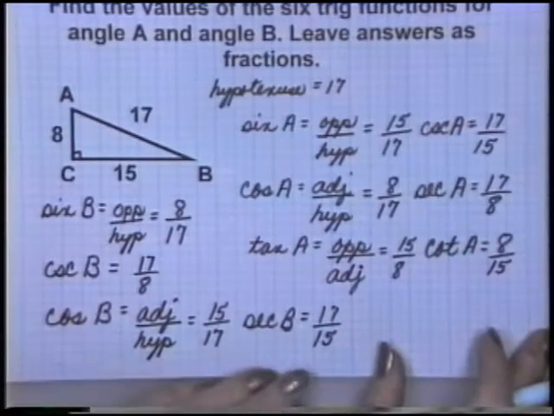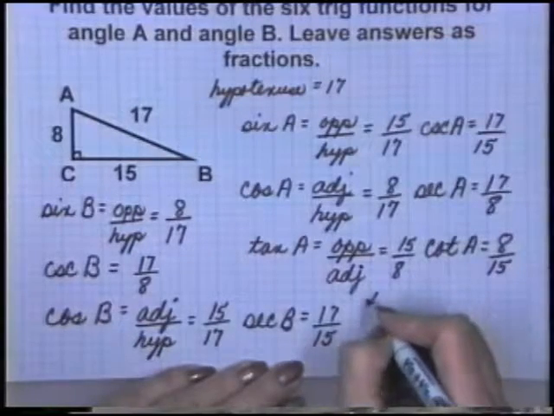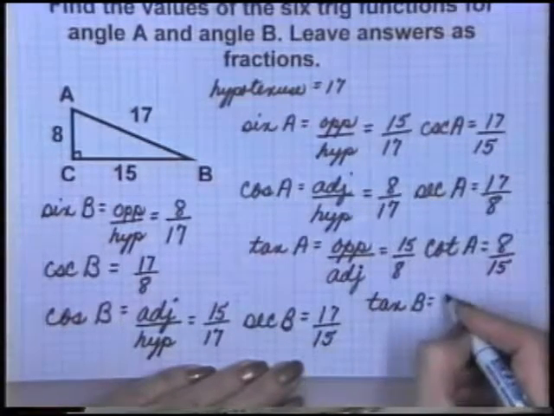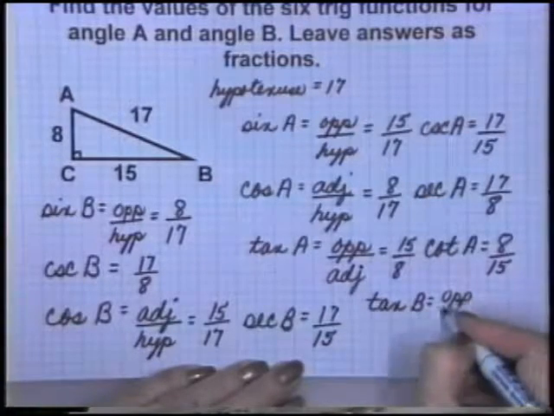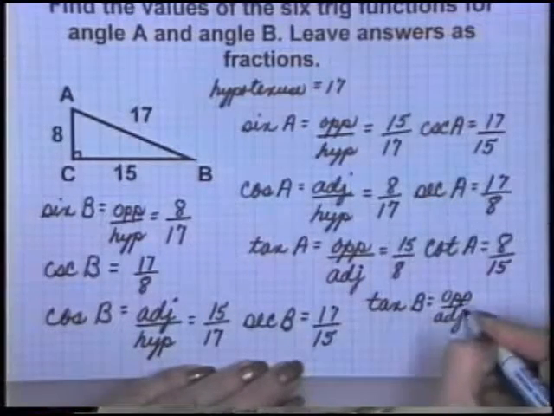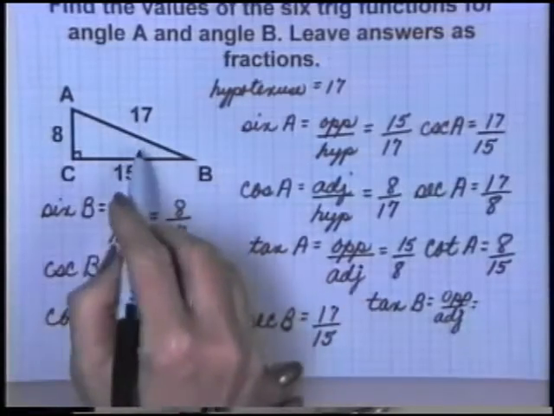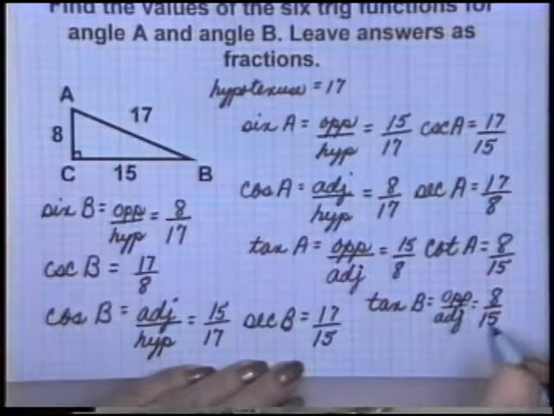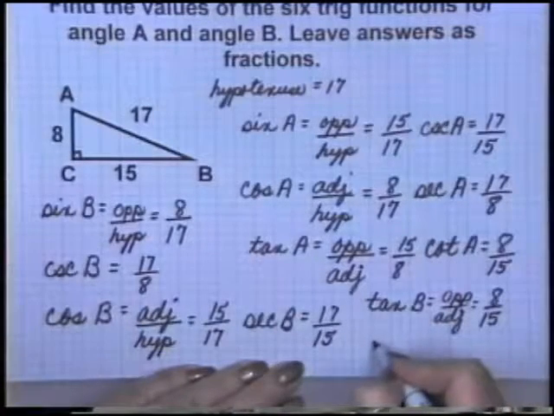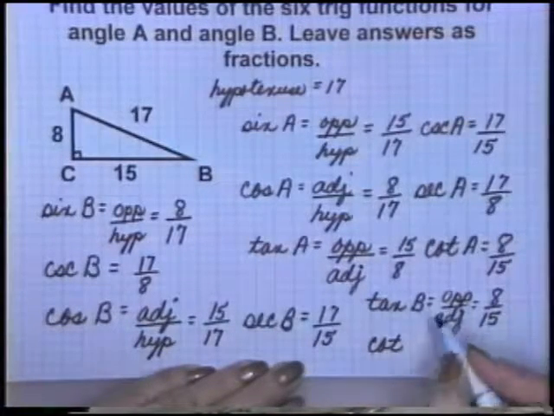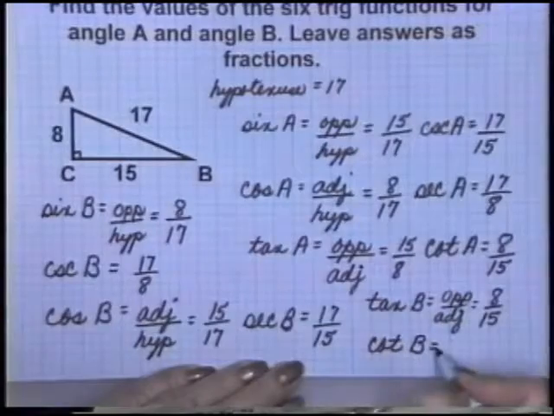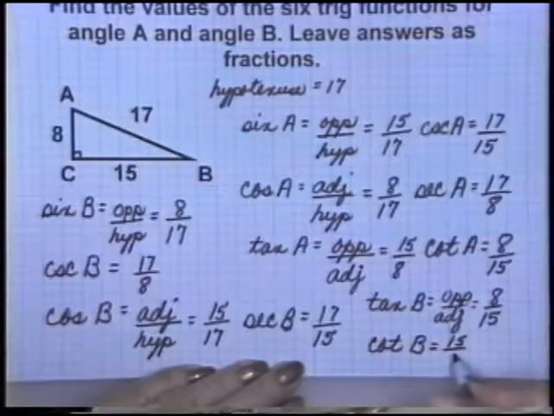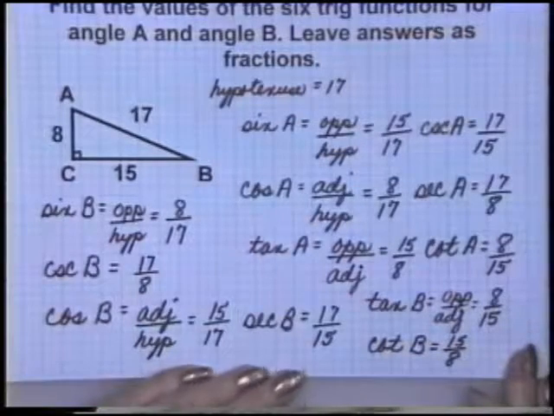I'm going to try to keep all these on here to find the tangent of angle B. That would be opposite over adjacent, which for angle B, opposite is 8, adjacent is 15, and then the cotangent of angle B would be adjacent over the opposite, 15 over 8.